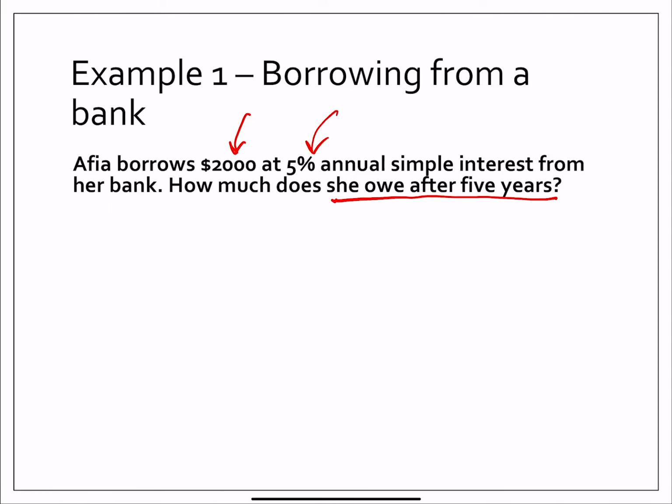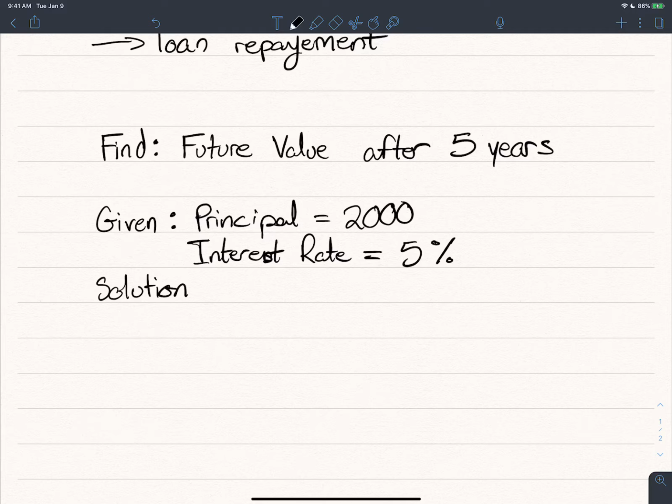Annual simple interest. And that classification is very important because that classification is what tells us how to approach the problem, right?